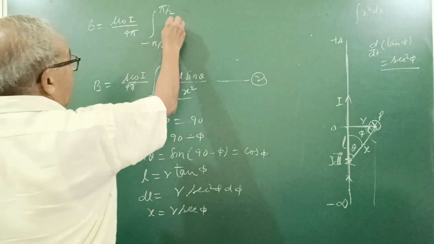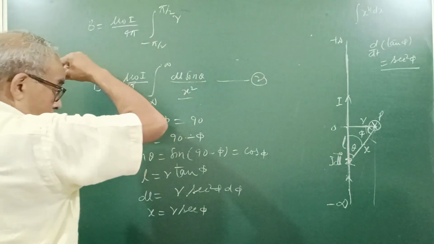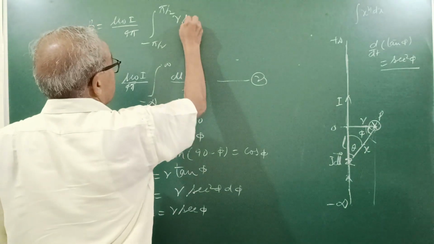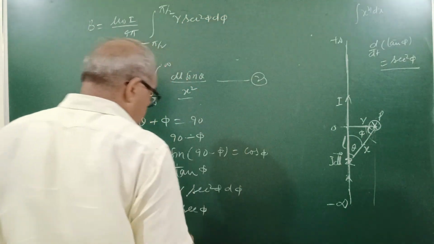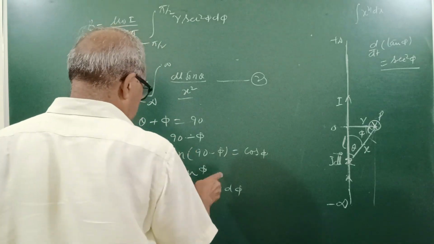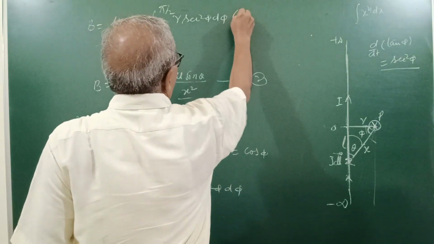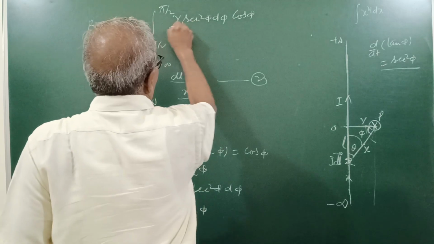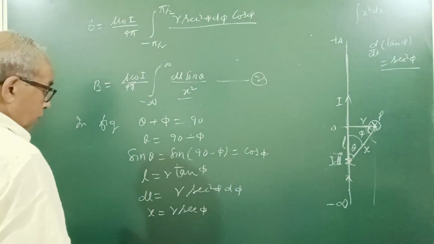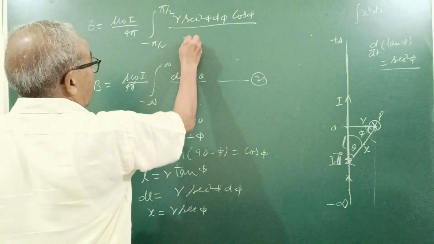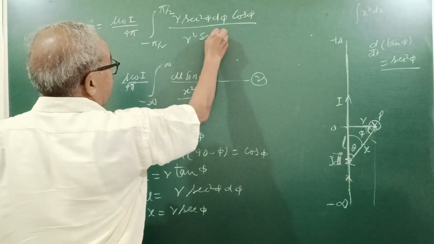In place of dl, r sec square phi d phi, है भाई. And sin theta is cos phi, upon x square, equal to r square sec square phi.